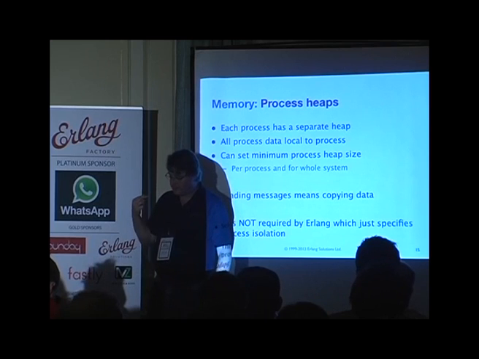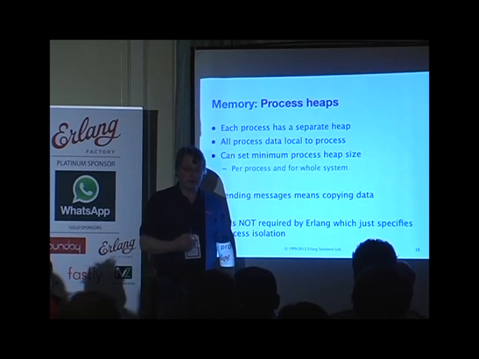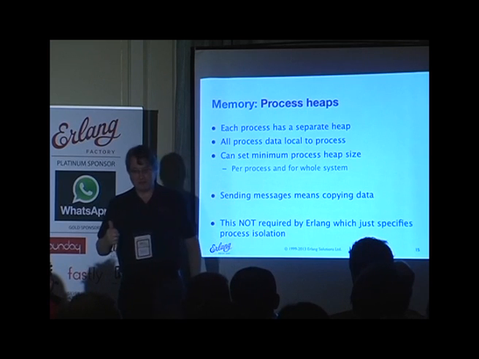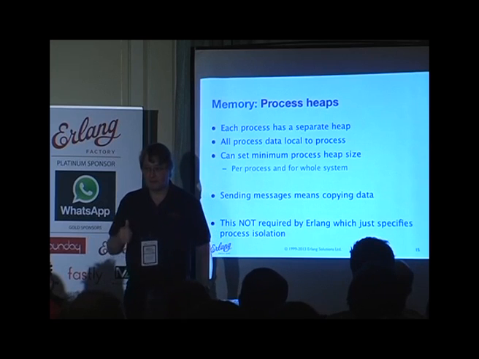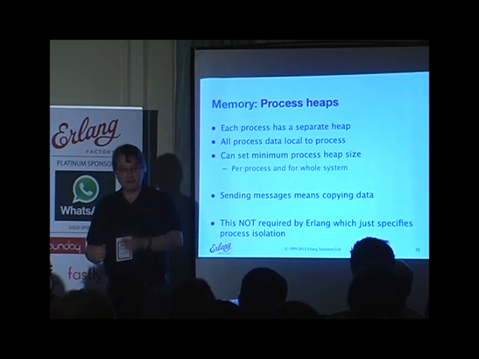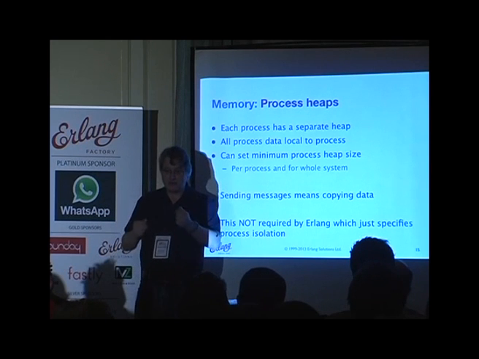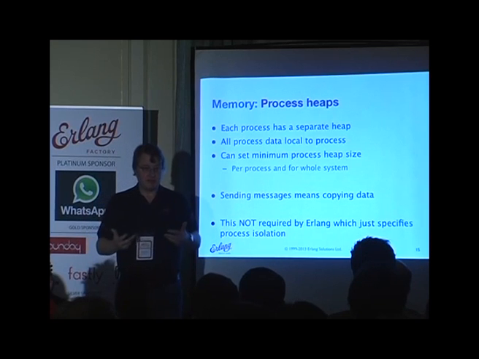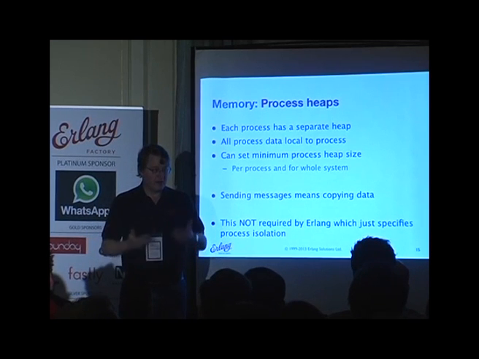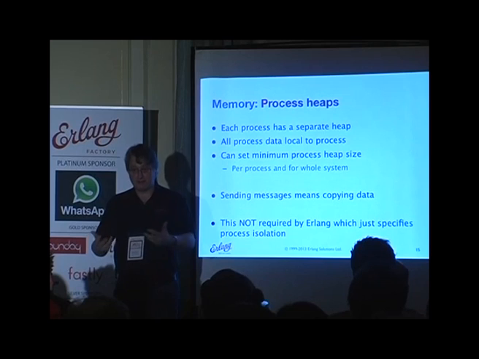Note one thing: this is not required by the language. The language doesn't say how you implement it. The language says you have process isolation, and that you can crash one process without affecting the data in another. Since you have immutable data, you could share data between processes and they could crash separately without affecting each other.